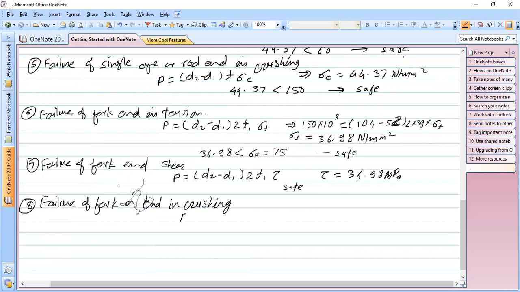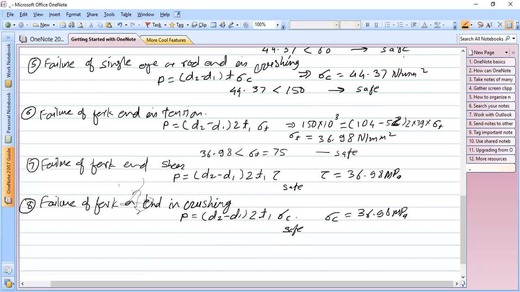Okay. Again, the same equation will come: (D2 minus D1) into 2 T1 into sigma C. So the sigma C value will come out as 36.98 megapascal. And here you can write that this value is less as compared to this one, so this is safe. Is it okay?